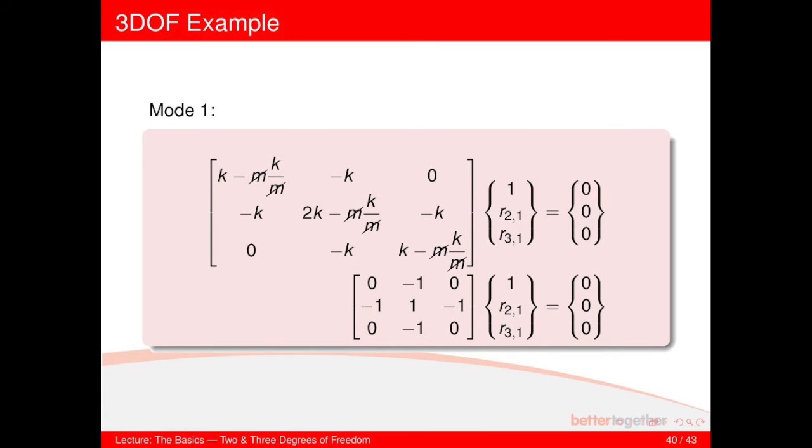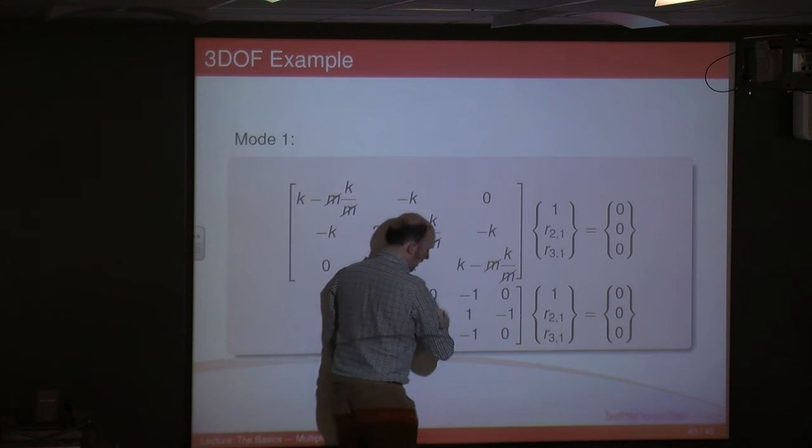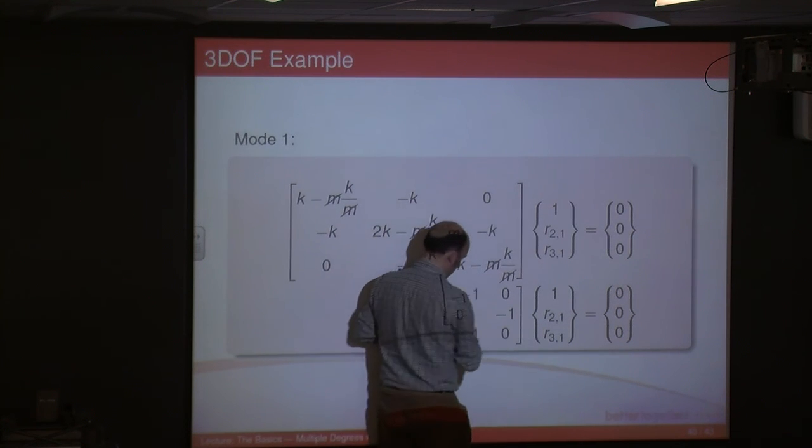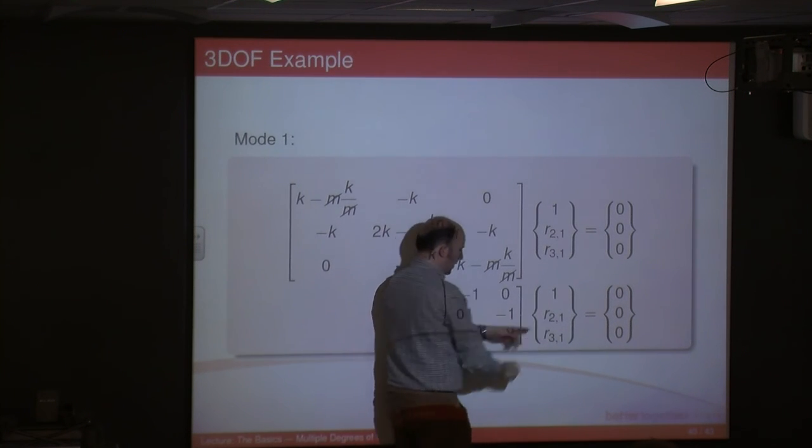When you stick in K upon M, you go through the process. The M's cancel, you end up with just K's, and you can divide everything by K. We've got 3 equations and only 2 unknowns.